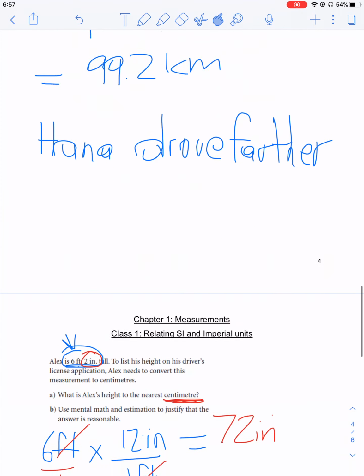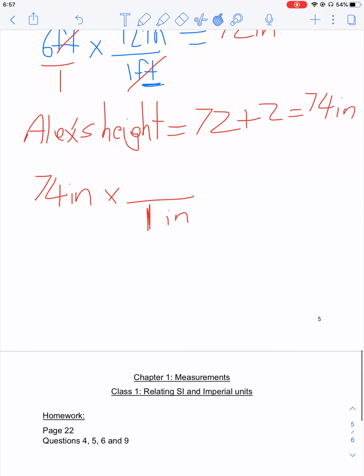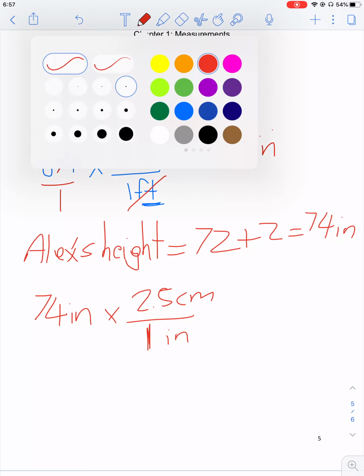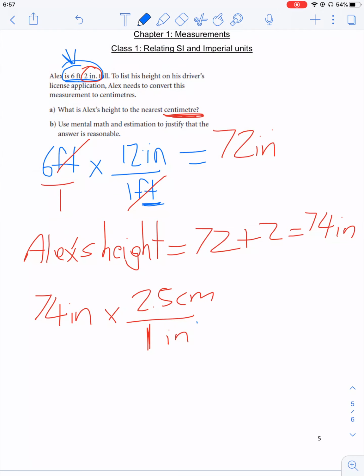So 1 inch is actually 2.5 centimeters. Okay, so the inches and the inches will cancel, and your final answer will be, again, let me just be consistent with my colors. I'm going to use blue to cancel off my units.